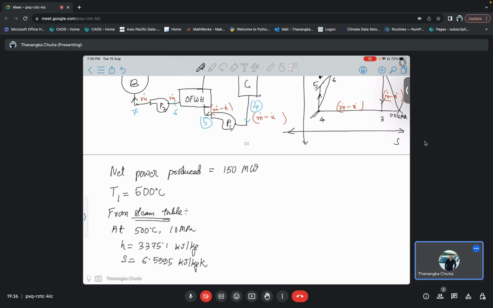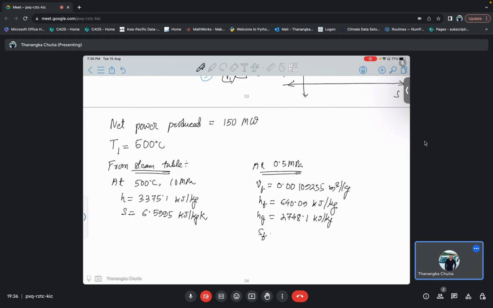Okay. At 0.5 megapascal, Vf is equal to 0.00109 meter cube per kg. Hf is equal to 640.09 kilojoule per kg, and Hg is equal to 2748.1 kilojoule per kg. Okay.